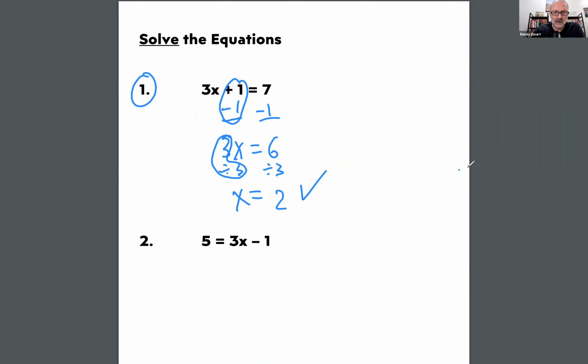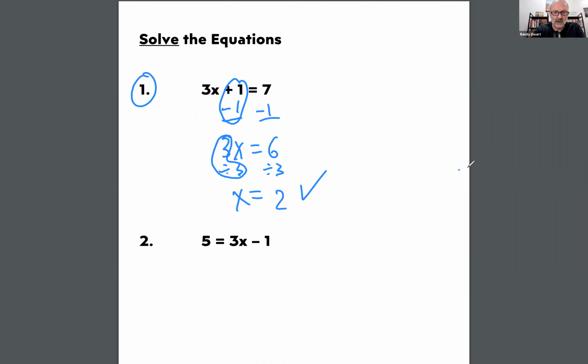Now, it doesn't matter if the variable is on the other side. You have 2 numbers next to the variable that you want to get rid of. And so I'm going to get rid of the addition subtraction one first. It's minus, so I'm going to add 1 to both sides. Negative 1 plus 1, that is 0. These cancel. I have 3x left.